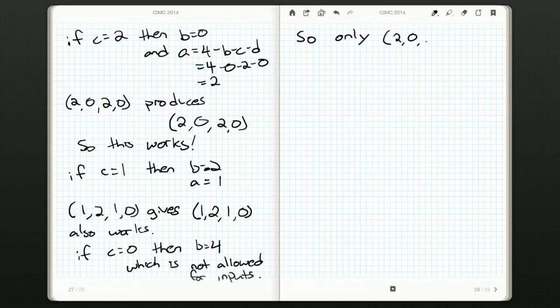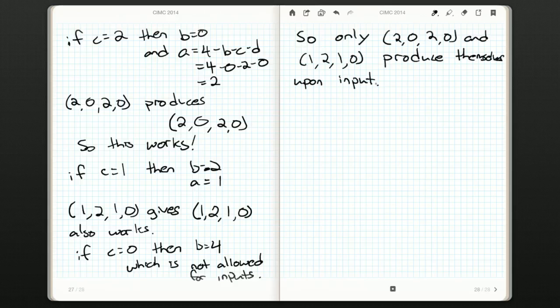So what do we get? Only 2, 0, 2, 0, and 1, 2, 1, 0. All right, that's interesting. Two little numbers that sort of describe themselves.